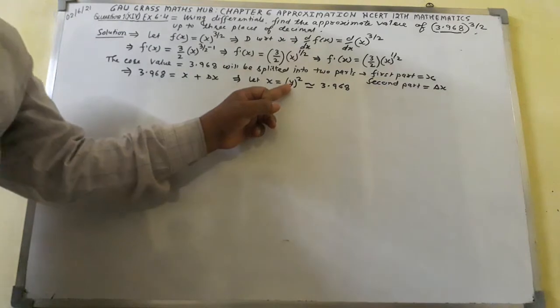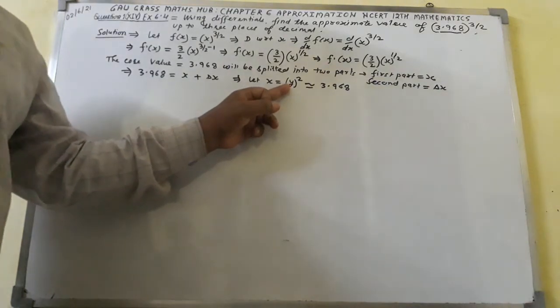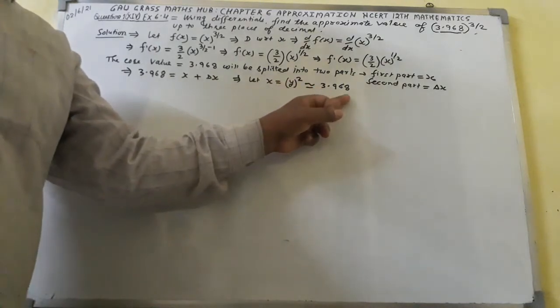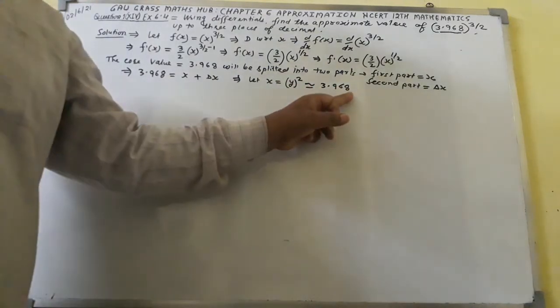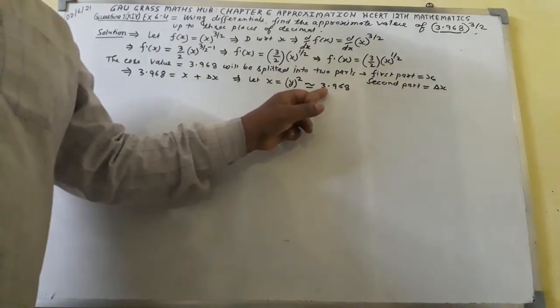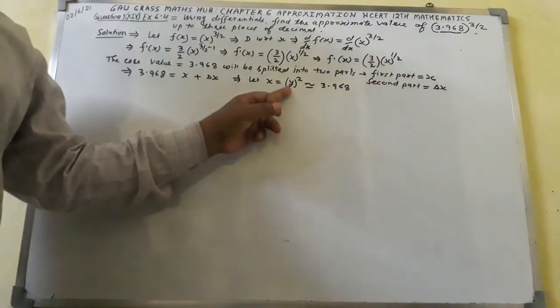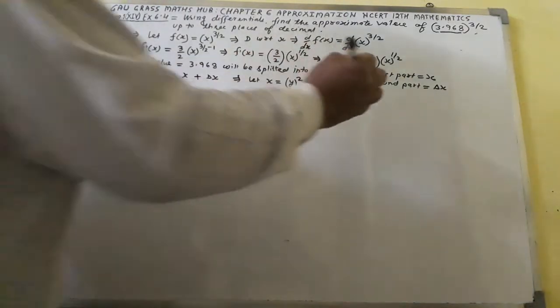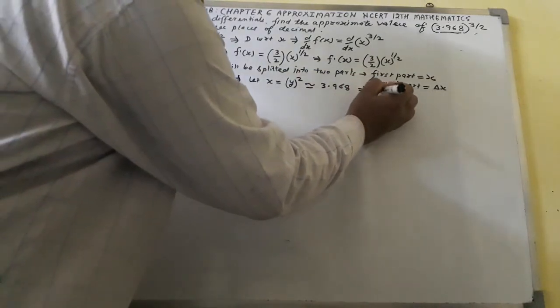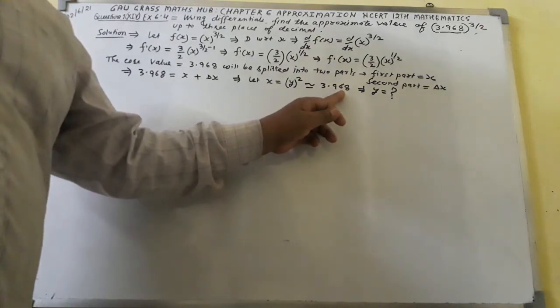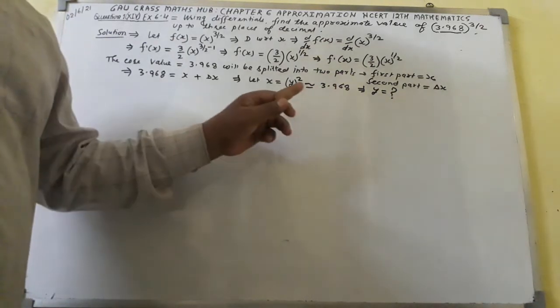Now what value of y should I put here in order to get this approximate value, the core value 3.968? Here I have to get the value of y. What will the value of y be? You have to determine it. y squared is approximately nearing 3.968. So what value should I take here?